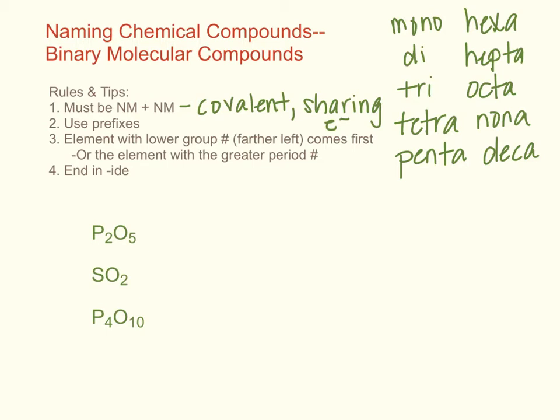So these are all the prefixes that I'm going to use to communicate the number of elements I have, or the number of each element I have in my compound.